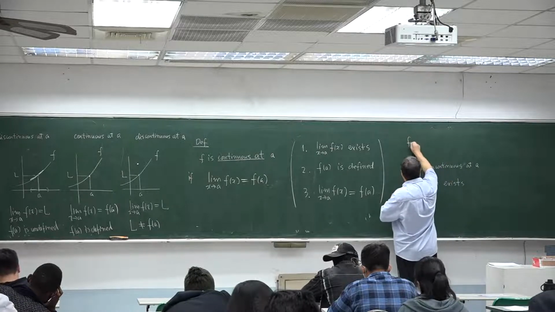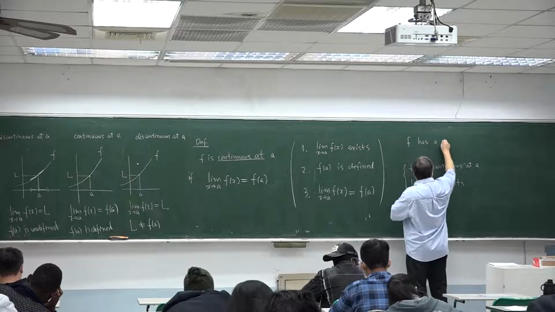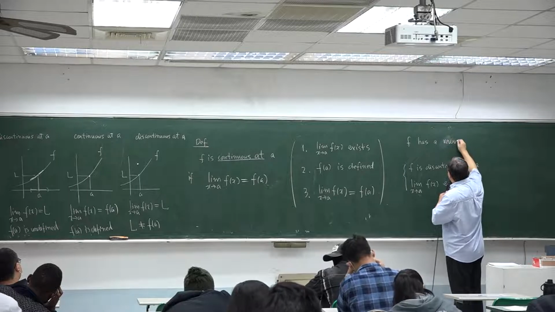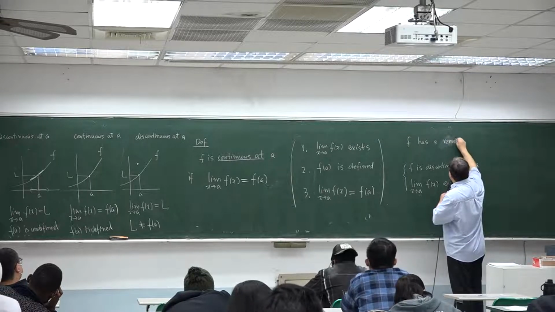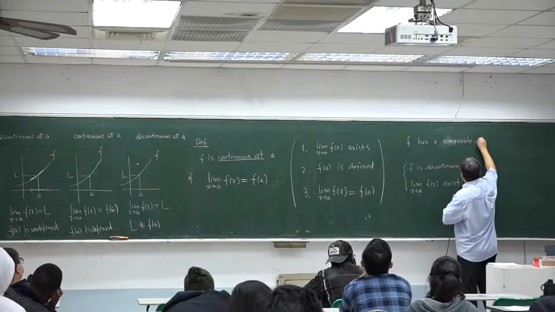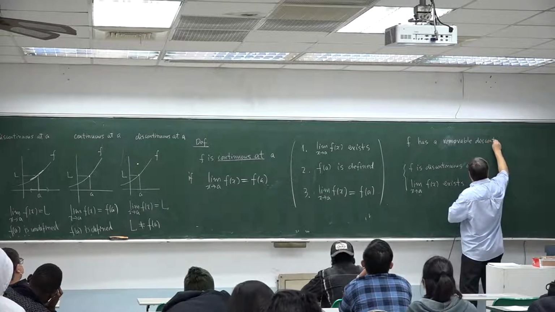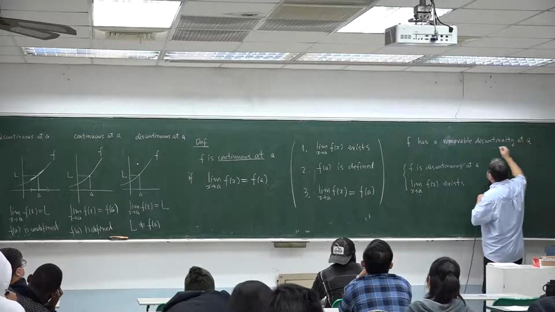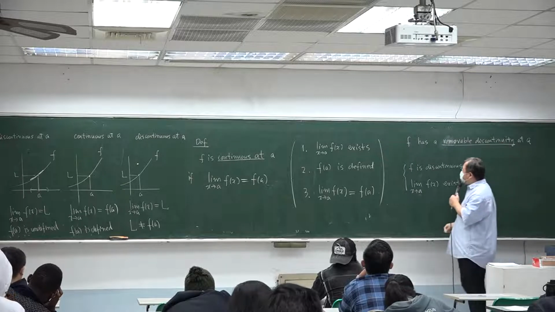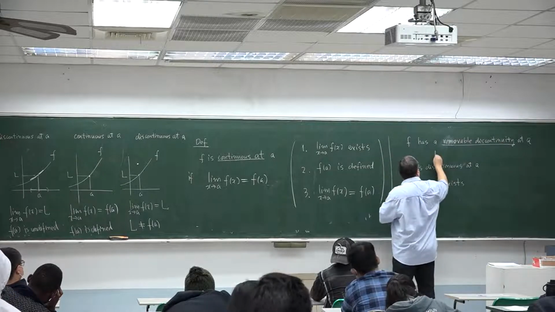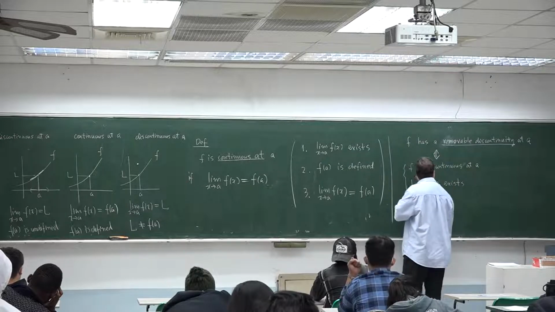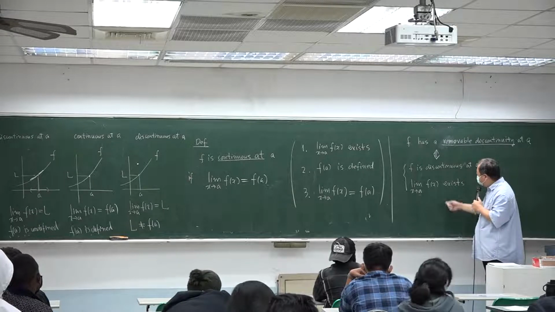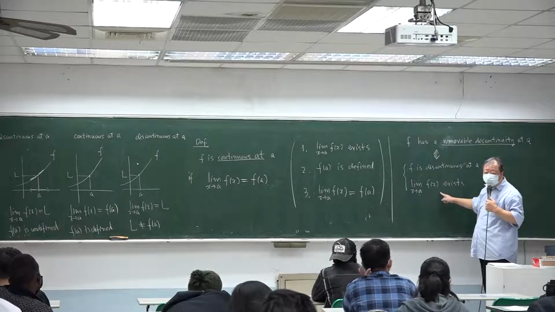So we have this terminology. Suppose f is discontinuous at some point A, but the two-sided limit exists.